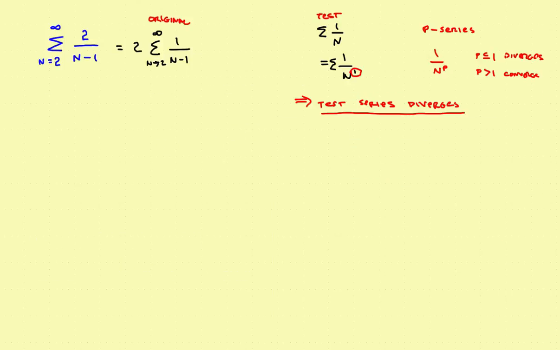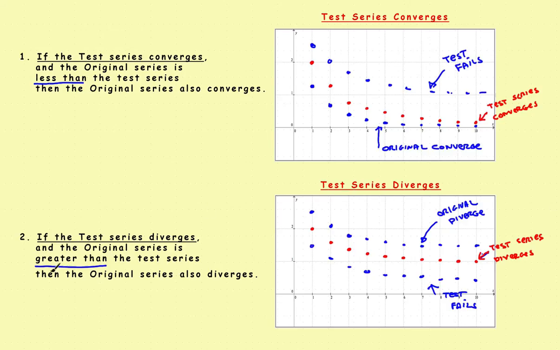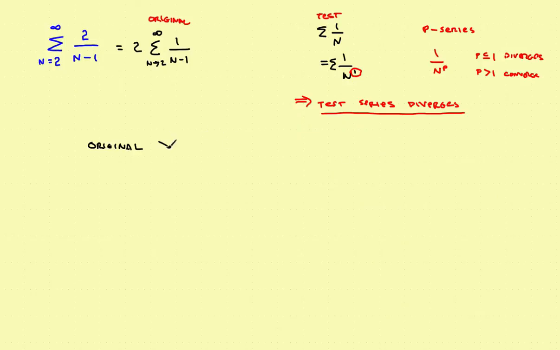So back to this again. Now the next step would be this. Here's what I want to know. I need to know, is the original series, and again, I'm hoping that it's greater than the test series? So I want to know, is the original series greater than the test series? And I'll put a question mark above that because at this point I'm not sure.